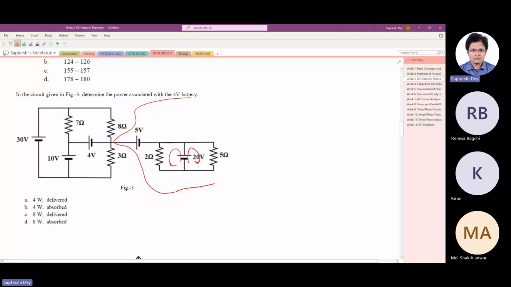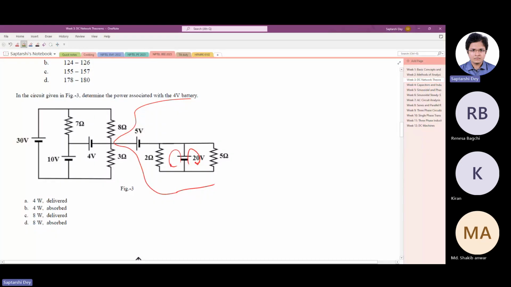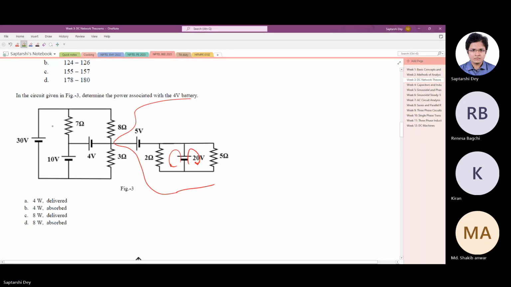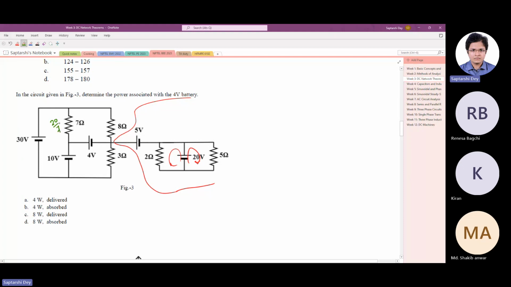See one thing, if you look at this loop, this loop has two voltage sources and one resistance. So we can easily find out the current flowing through this resistance. 30 minus 10 by 7. So we have 20 by 7 ampere of current flowing downwards.